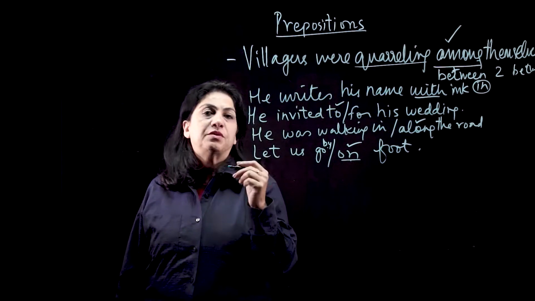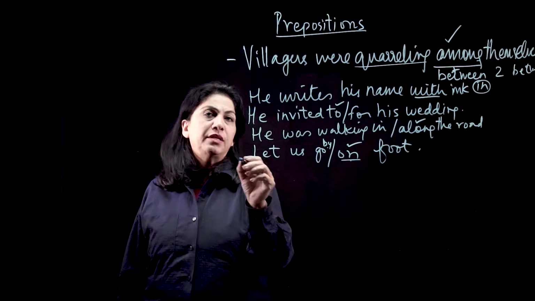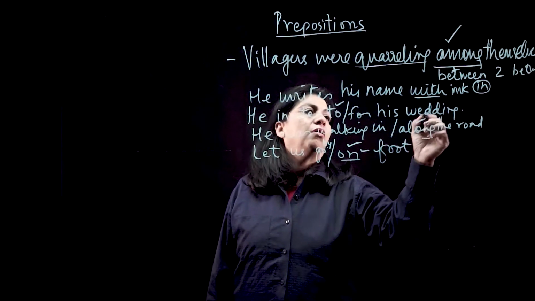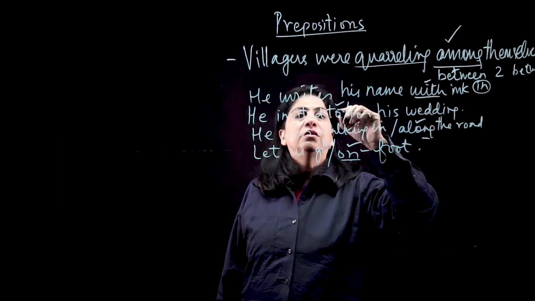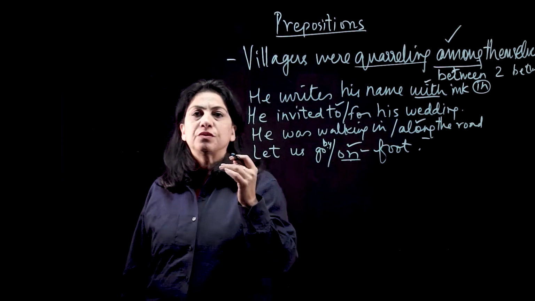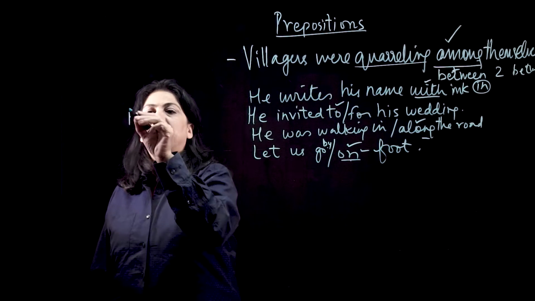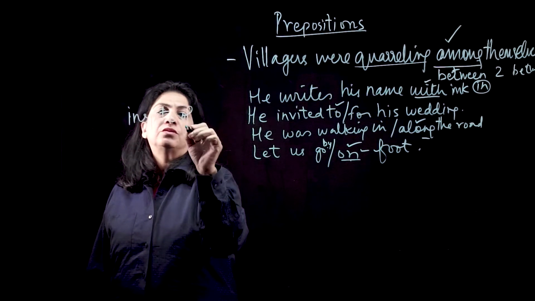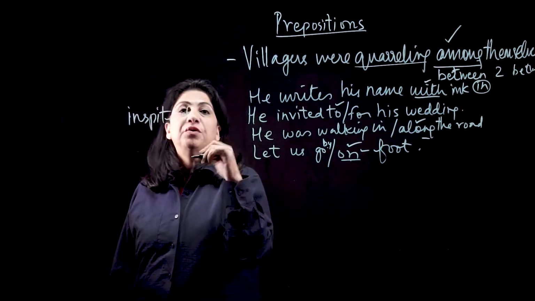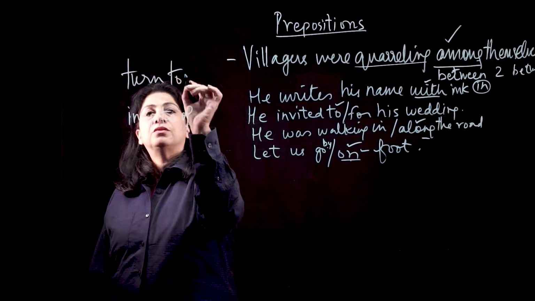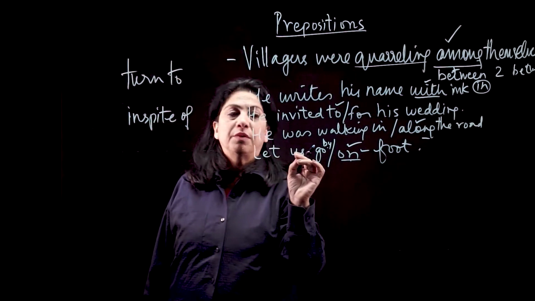There are two types of prepositions. One is a simple preposition like on foot, along, with, to. These are simple. Now you also have prepositions like in spite of. So this is also a preposition. Like when your teacher says turn to. So this is also a phrasal preposition.